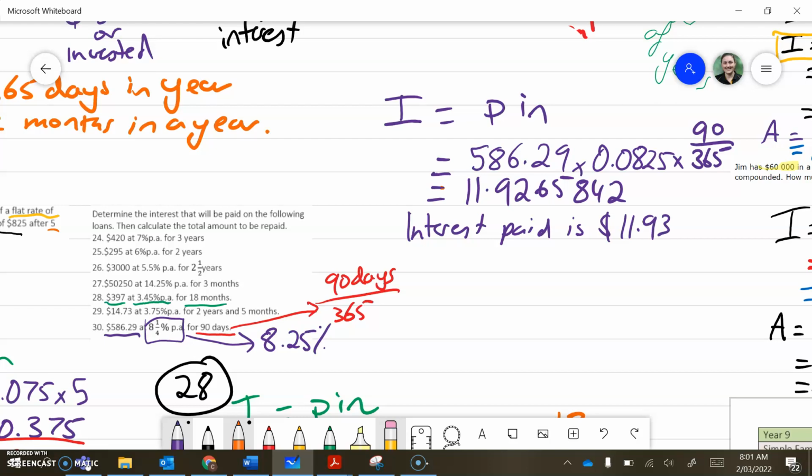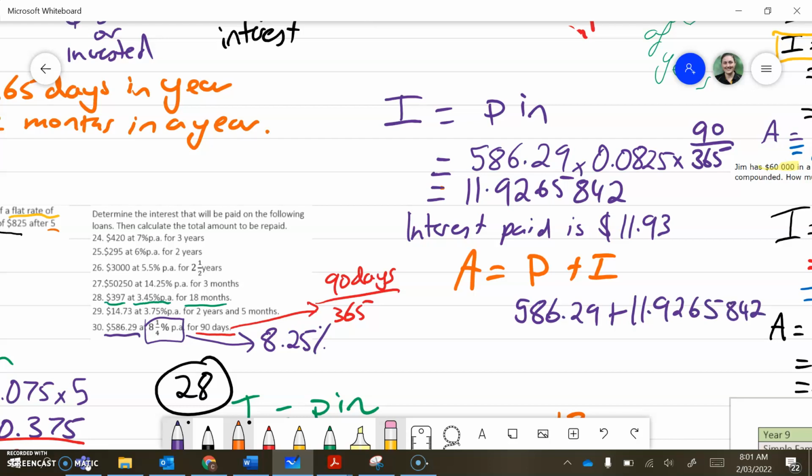But then we need to find the total amount paid. So we do our A equals P plus I. Our principal we know was 586.29. Our interest is 11.9265842. We need to add that together, and you'll get 598.216584.